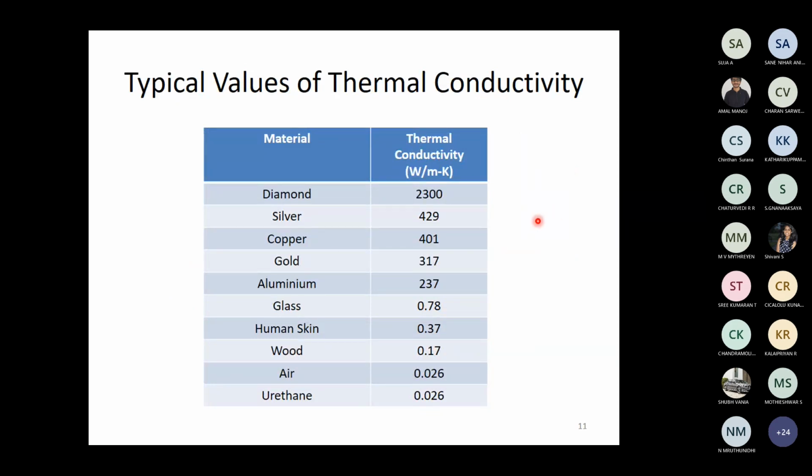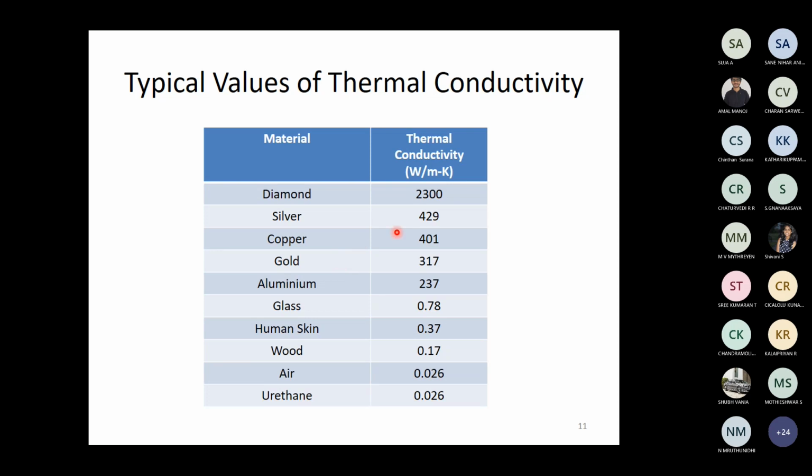We have also seen the values of conductivities for various materials. Diamond, obviously, is a non-metal, but it has extremely high thermal conductivity. But we cannot really use diamond for industrial purposes because of the cost. That is followed by silver, copper, gold, and so on. But silver and gold, being precious metals, have other applications, ornamental value, and therefore are not so much used in industries.